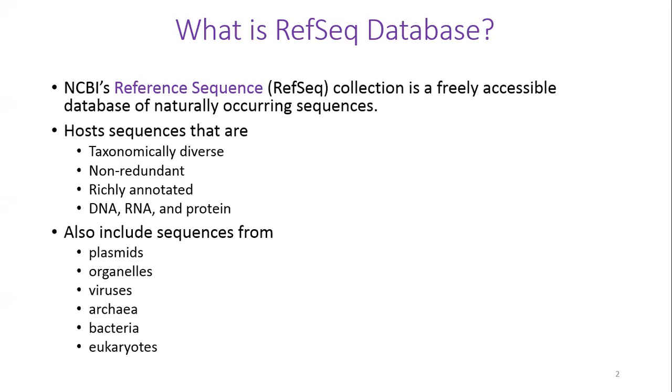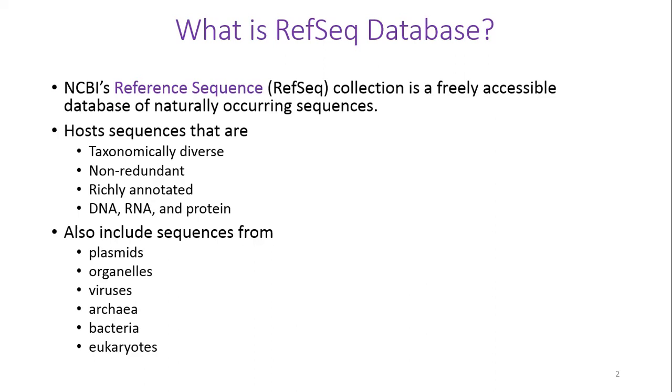This reference sequence database also includes sequences from plasmids and other organelles like mitochondria or plastids. It contains sequences from viruses, archaea, bacteria, and other known eukaryotes.